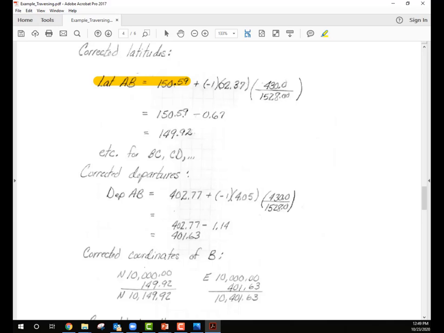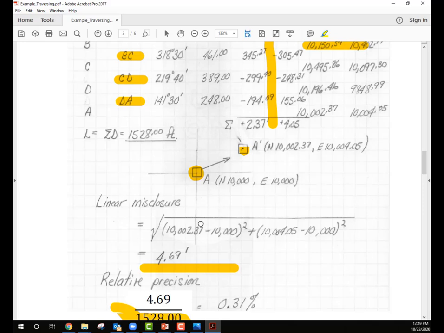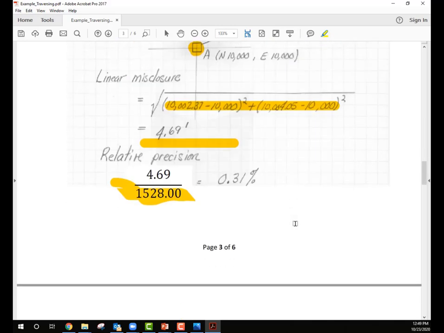What I know is that my error of latitude in total was 2.37, and my error of departure in total was 4.05. I get that from the difference between A and A prime, 2.37 in latitude and 4.05 in departure, which is what I used to compute linear misclosure.